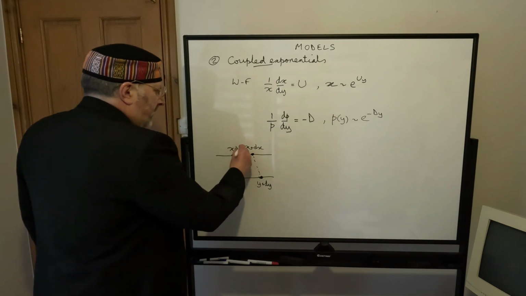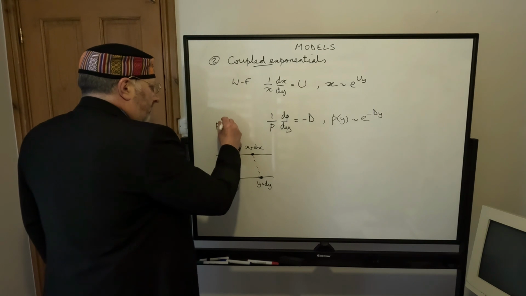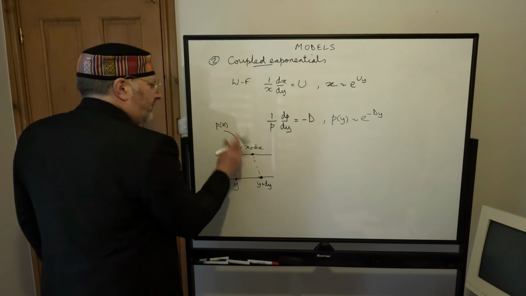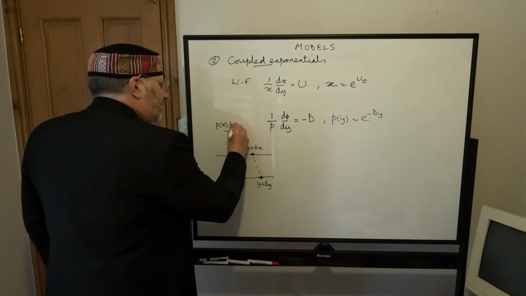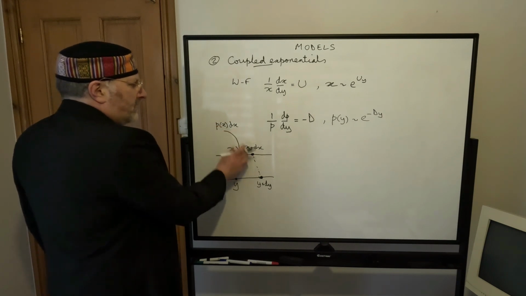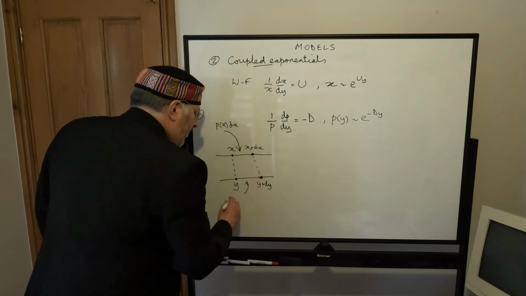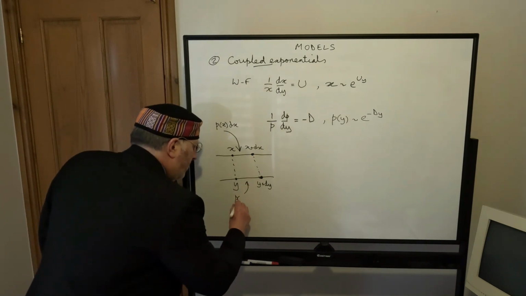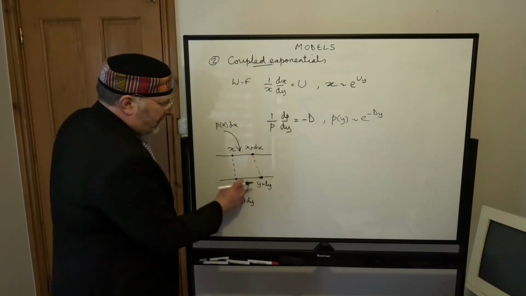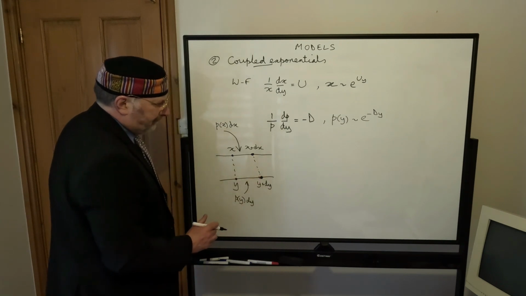And the probability that x lies in this particular range of values is going to be the probability at x times dx, the probability density times the interval. And similarly here, the probability of y times dy is the probability that y lies in this interval between y and y plus dy.